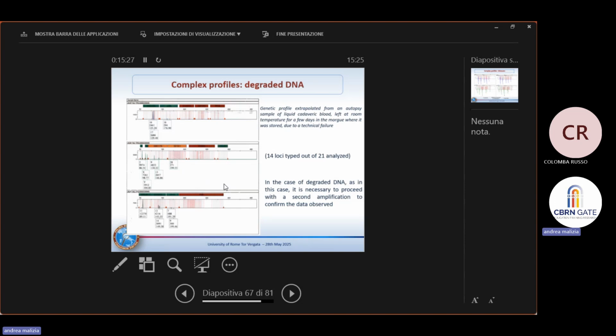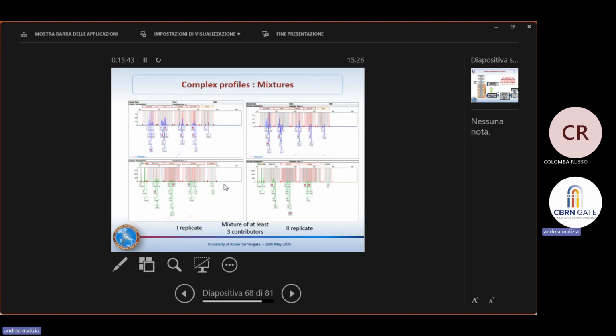Another point is degraded DNA, in which the DNA is cut, basically, and so you will not have the biggest part of the DNA. You will have only small parts of DNA, and then also some mixture profiles.